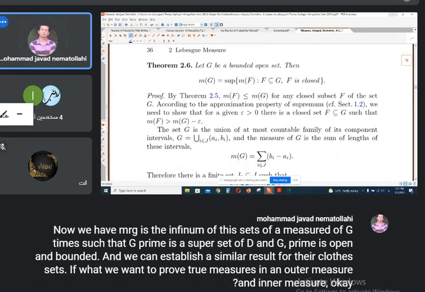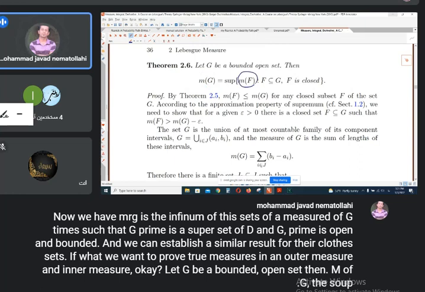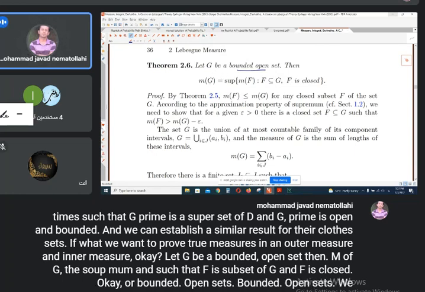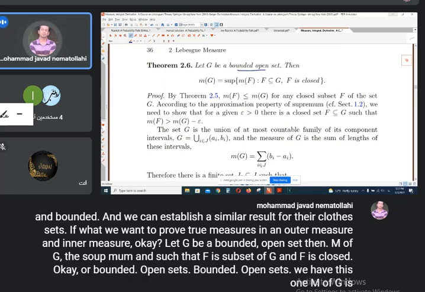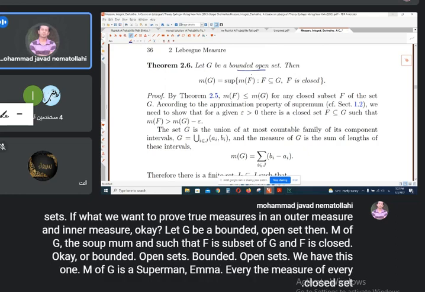Let G be a bounded open set. Then M of G is the supremum of M of F such that F is a subset of G and F is closed. For bounded open sets, M of G is the supremum of the measure of every closed set contained in G.